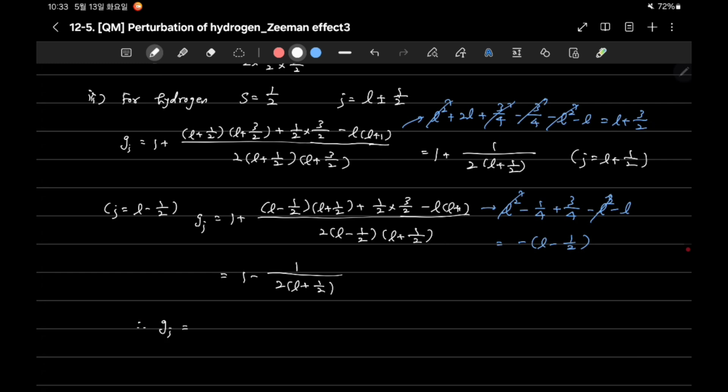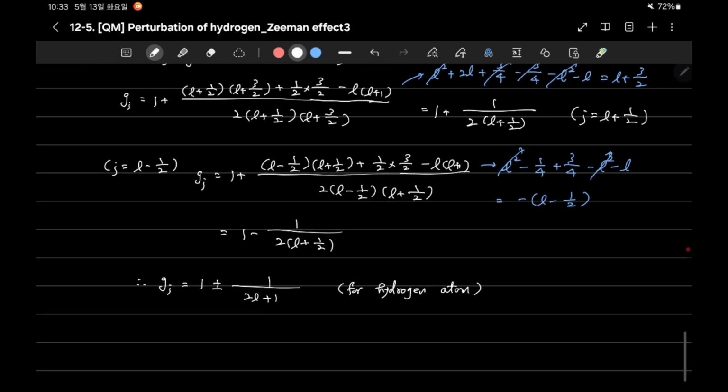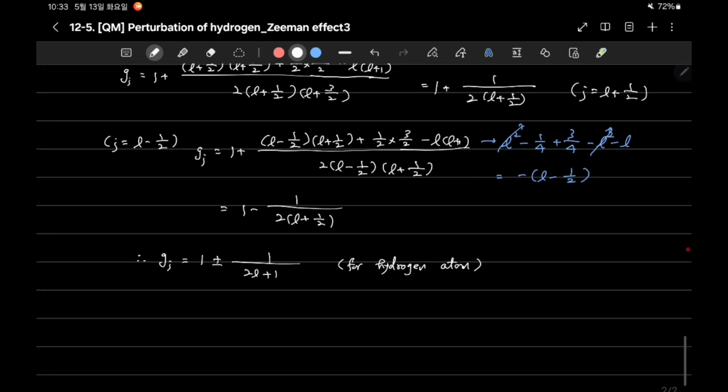So by combining this, in the hydrogen atom case, in general, the gyromagnetic ratio can be written as 1 ± 1/(2L + 1).